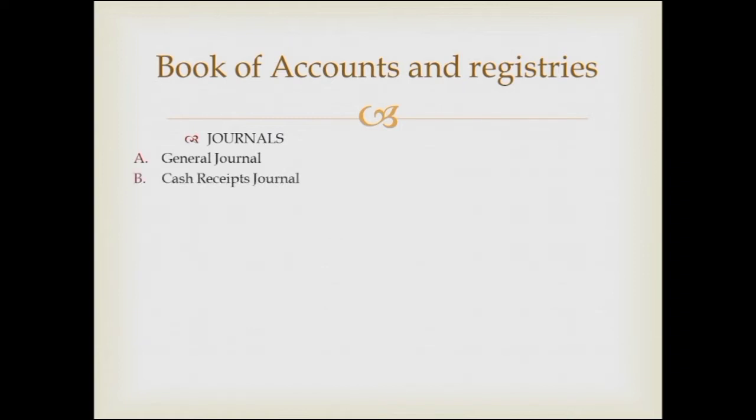The cash receipt journal is used to record the report of collection and deposit and cash receipts register of collecting officers. The cash disbursement journal is used to record the cash disbursements of the disbursing officer, and the check disbursement journal is used to record the check disbursements of the disbursing officer.